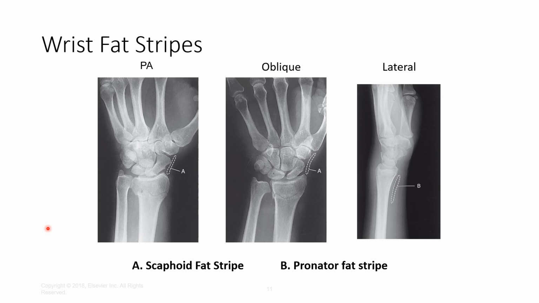And typically if there's injury, either a fracture or significant displacement, then the fat stripes are visible.